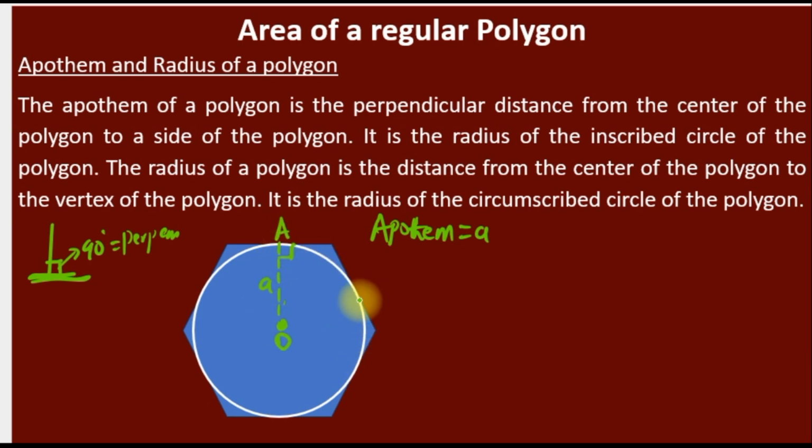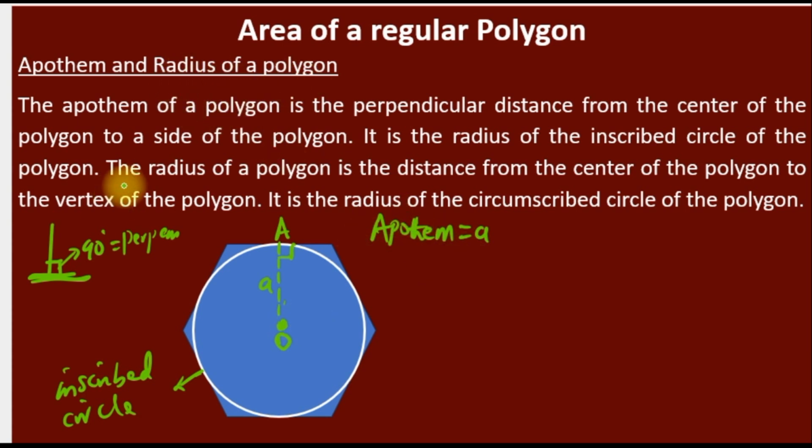An inscribed circle is a circle that touches each of the sides at only one point. So the radius of the inscribed circle of a polygon is what you call the apothem. So that's for the apothem.